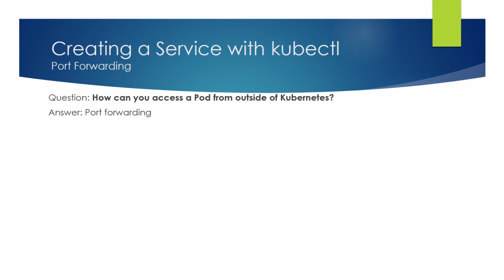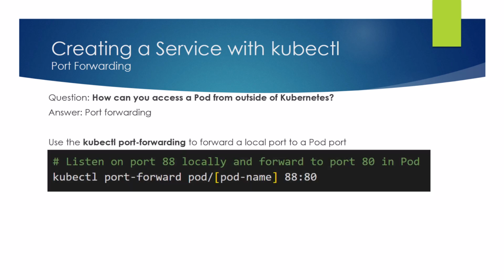Earlier we saw this kubectl port-forward command that can be used to forward a local port to a pod port, and it looks like this. We can say port-forward and give it the pod name, and then we have the external port and the internal port. Now you can also use this with a deployment.